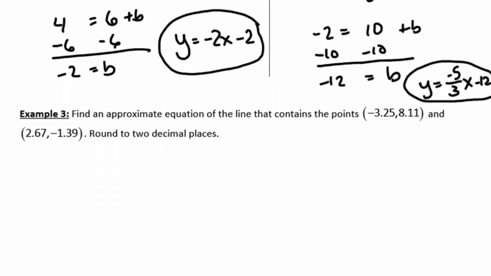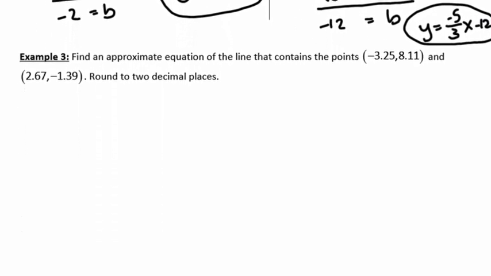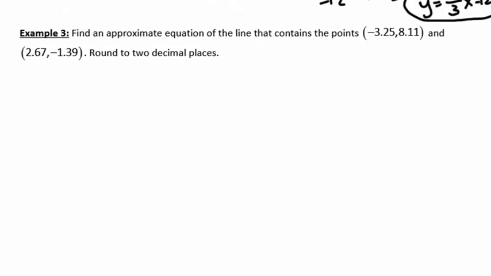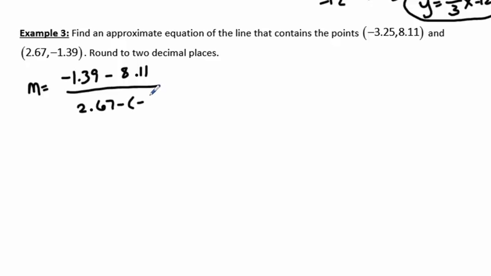All right, one more down here. Find an approximate equation of the line that contains the points listed. I'm going to round to 2 decimal places. So I need to find the slope first. So I'm going to start with negative 1.39 minus 8.11 divided by 2.67 minus negative 3.25.